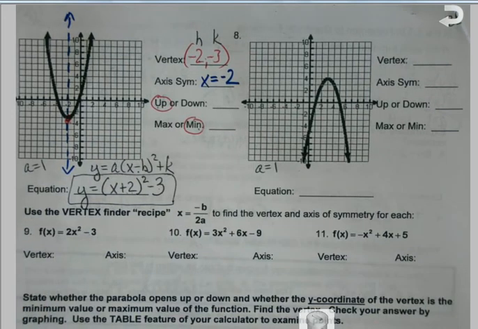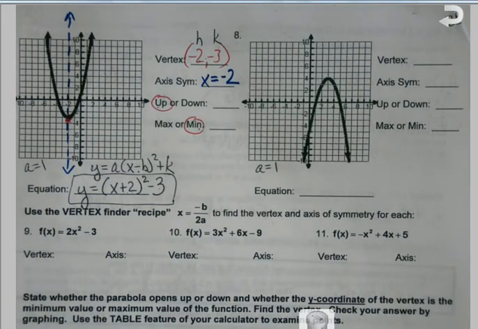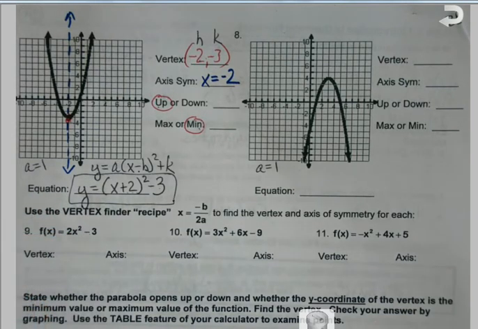All right, so this next one. Okay, I'm going to do something strange. Now, people watching later won't be able to know this, but you're going to. On number 8, I want you to try to fill in the blanks and see if you can come up with those 4 things on the right and the equation.